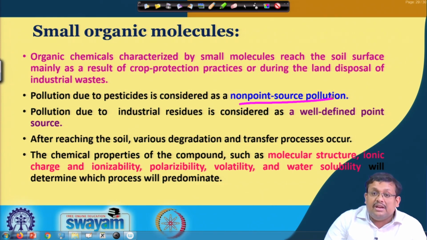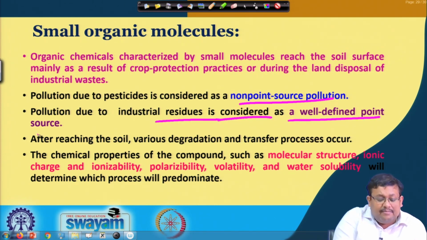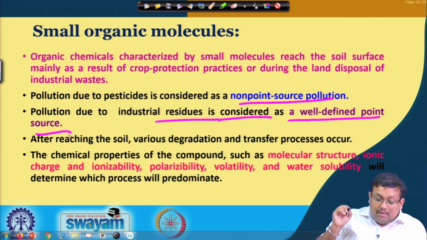Pollution due to industrial residues is considered a well-defined point source, because whatever industrial byproducts or effluents we get are discharged into the water bodies through a well-defined point source.